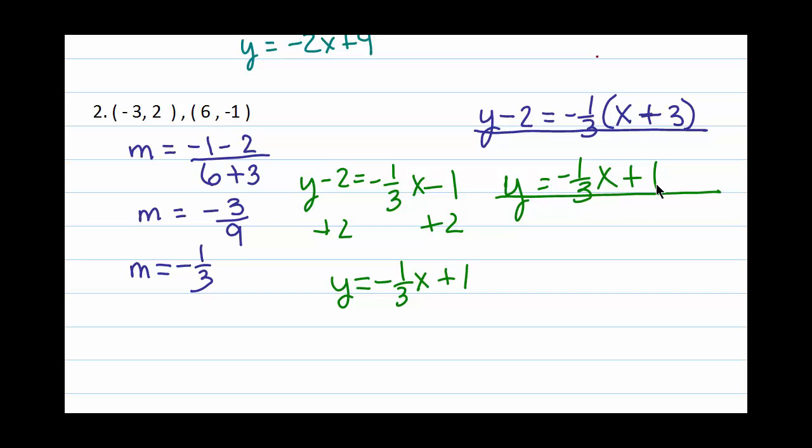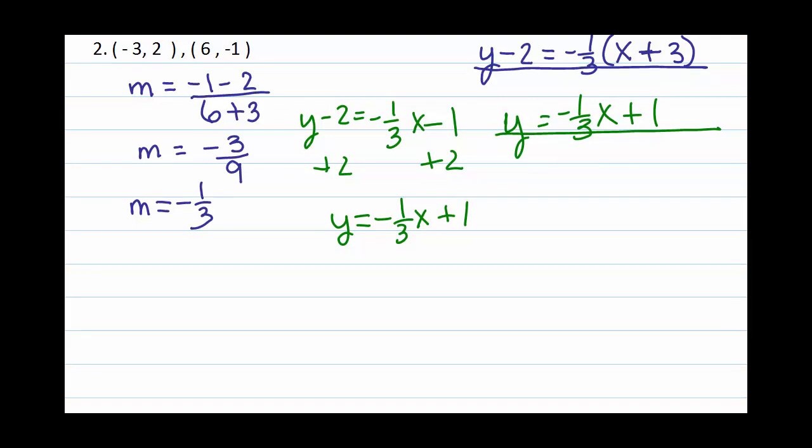Now, just so you know, if I were to have used the other point, I'm just going to move this up a little bit here, and I'm going to say, well, what if I would have used the other point? So let's say I would have done y minus, so plus 1 equals -1/3, open my parentheses, x minus 6. Now that's another equation of the same line, but now let's see what happens when I solve this for y.